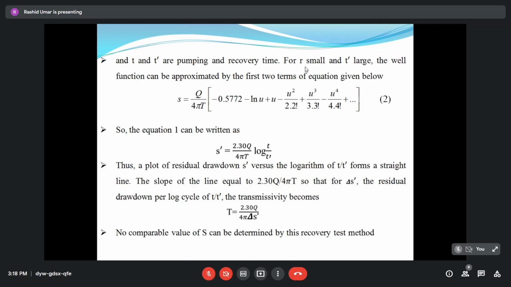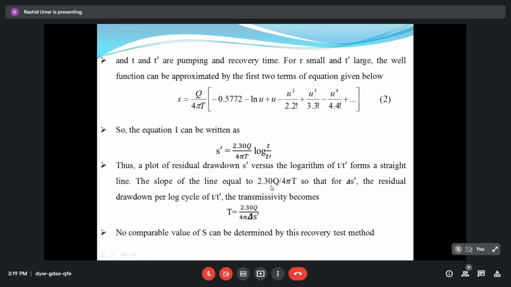So only these two terms matter and the rest become negligible. So this equation becomes s' = 2.3 Q over 4 pi T log of t over t'. I've already explained that the plot of residual drawdown s' versus logarithm of t over t' forms a straight line.